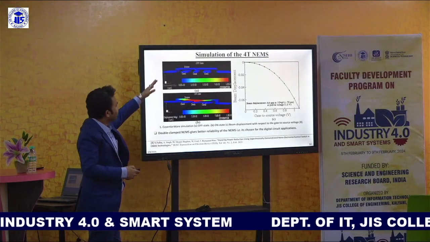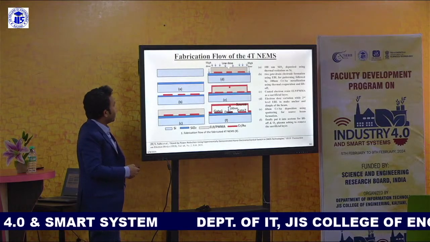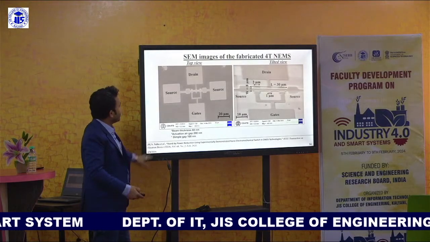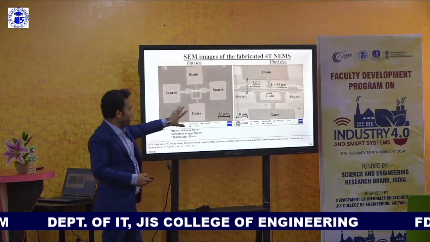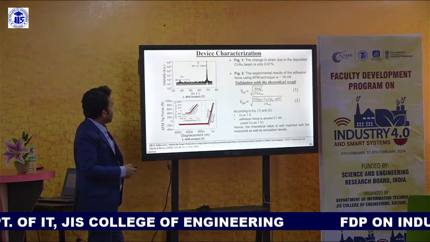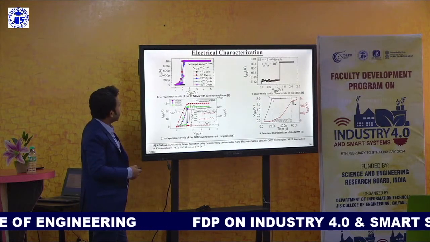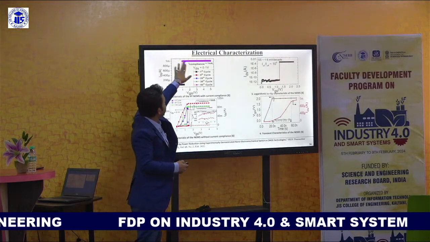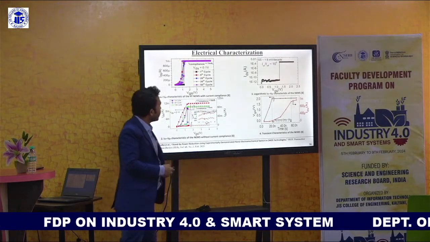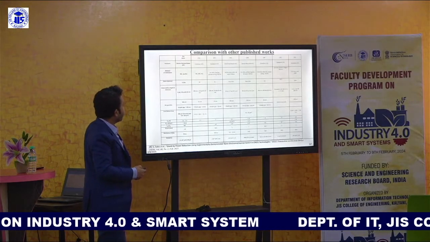I will not go into this. That is the actual device fabrication that we have done. This is a device characterization. I will show the actual electrical characterization. That is the good characteristic I got. Everything is fine.